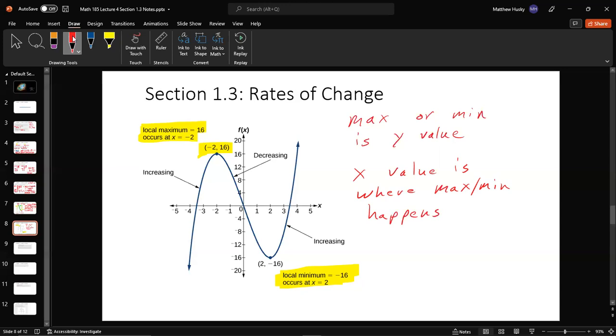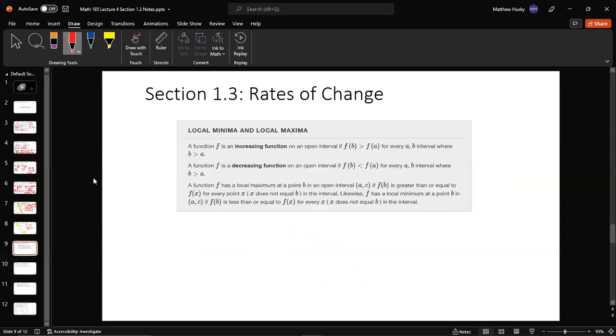Okay, so what else do we have here? This is kind of a more formalized definition. It's an increasing function on an open interval if for every A to B interval, B bigger than A, f of B is greater than f of A. It's decreasing if f of B is less than f of A. This is kind of a more formal definition.